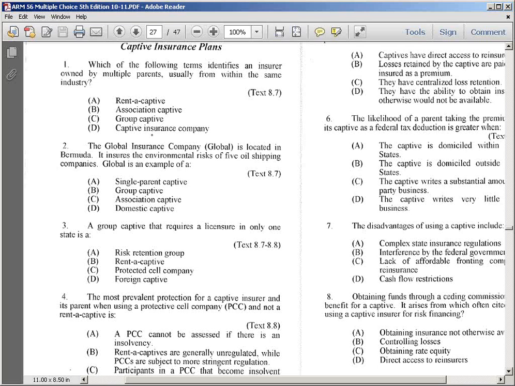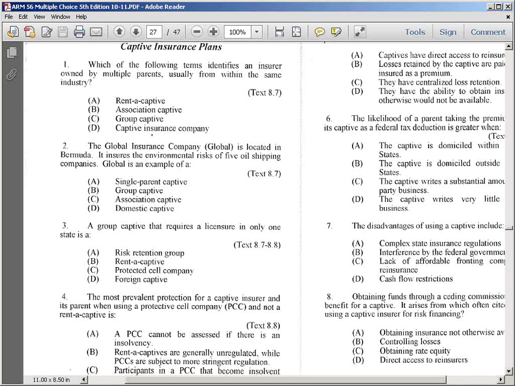Actually, 3 is a good question. A group captive that requires licensure in only one state is it A, risk retention group, B, rent-a-captive, C, protective cell captive, or D, foreign captive? Now, if you remember correctly, for the most part you can't write coverage unless you're admitted.